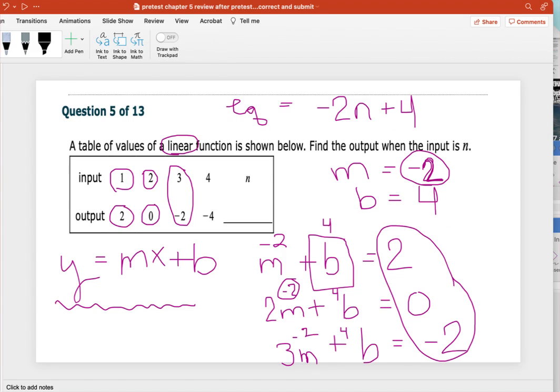Y equals, remember, y is our output, equals -2. Now, they told us to use the input of n instead of x. So instead of mx plus b, we're going to use -2n plus b. Okay? And there is the equation that makes it all work.